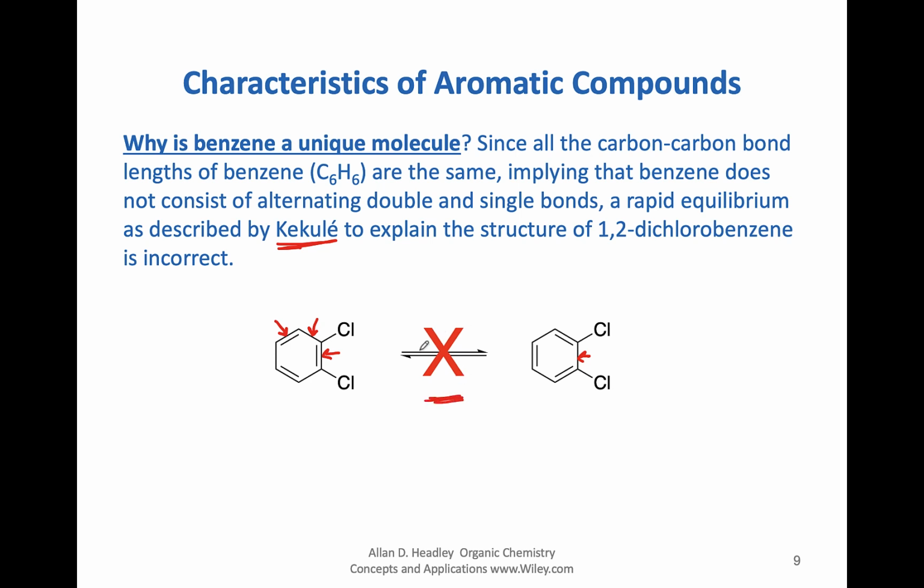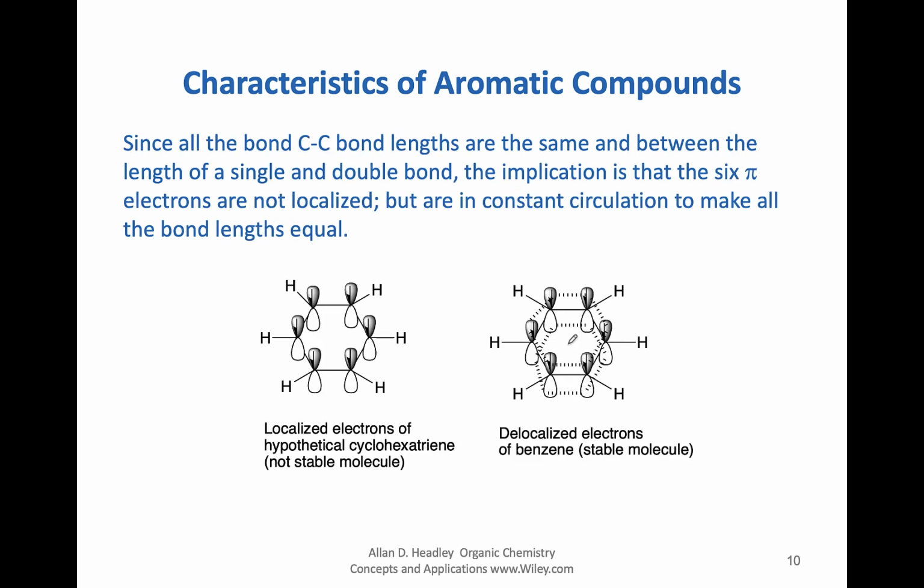But now we know that's not true, because we have developed spectroscopic techniques to show that this bond length here is the same as this bond length here. So we've got to go back and look at the structure and come up with a different model.